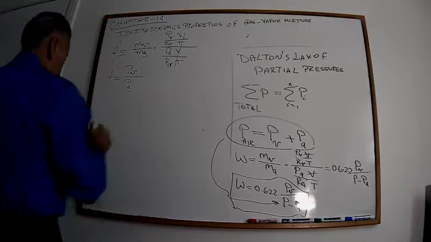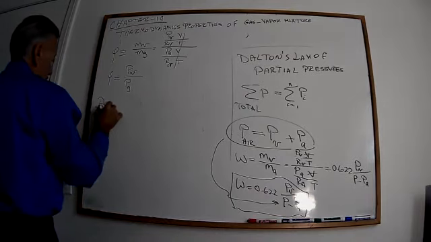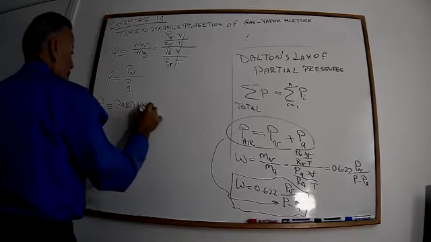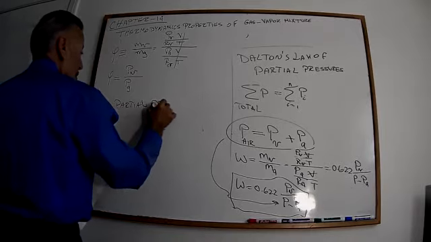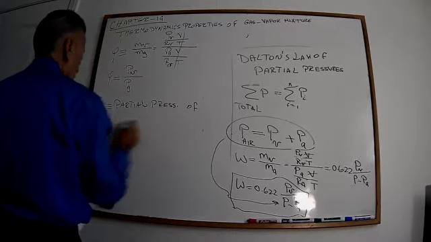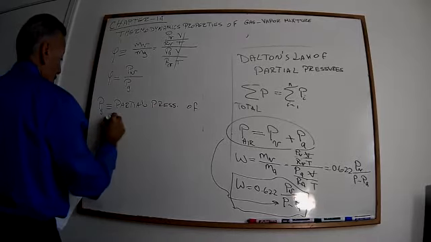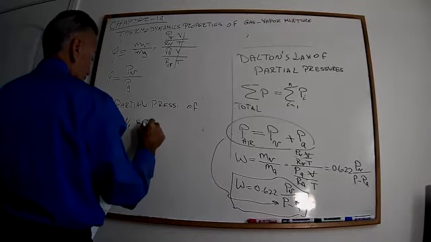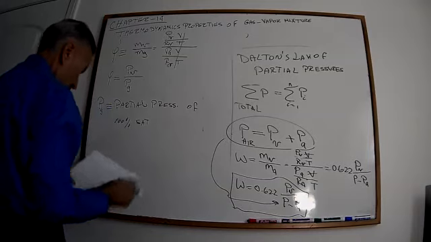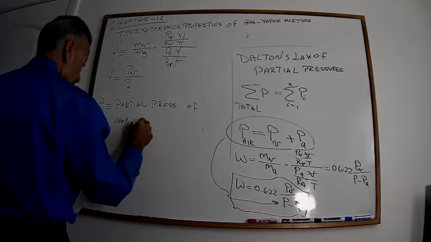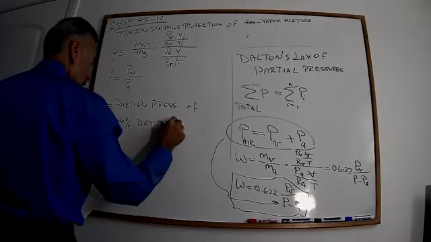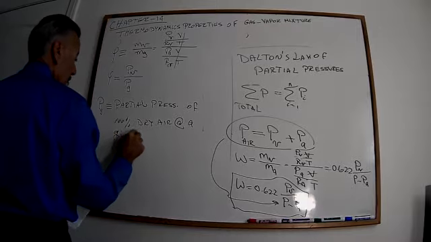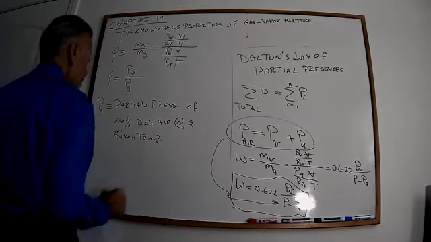Let me write it down. P of G is the partial pressure at 100% saturation at a given temperature.